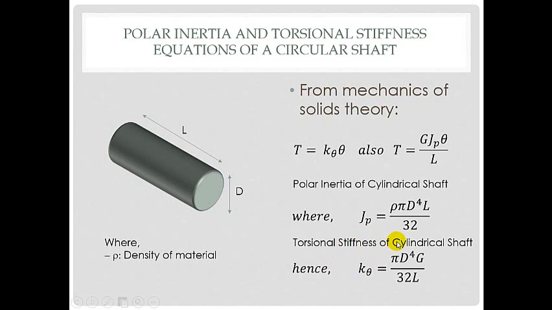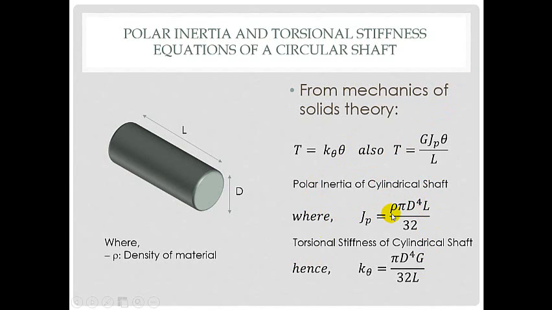Similarly, the torsional stiffness of a cylindrical shaft is then calculated using pi, the fourth power of the diameter, shear modulus divided by 32 over L. So the two things that you can read from this equation is, if you have a shaft and you want to increase the inertia of the shaft for any particular reason, what do you think would be the best way to increase it?